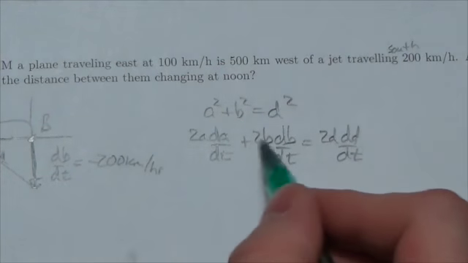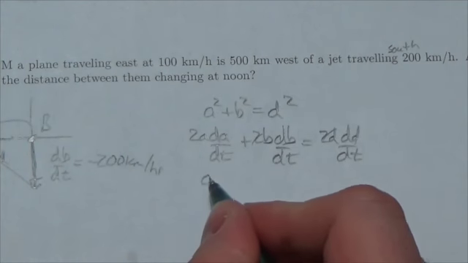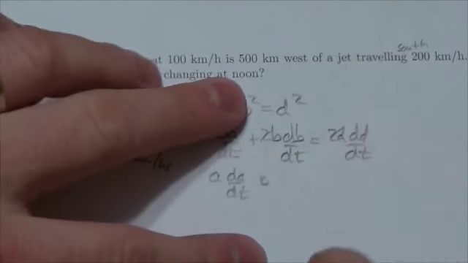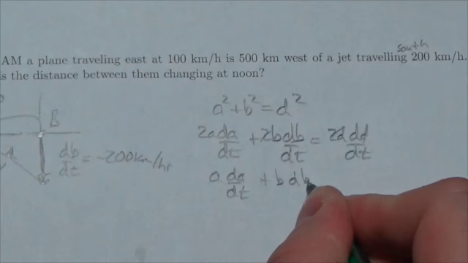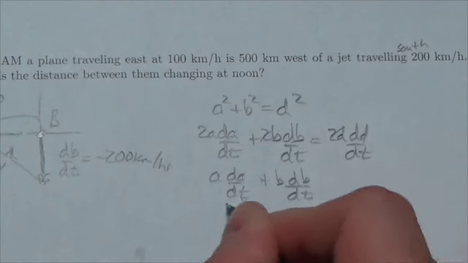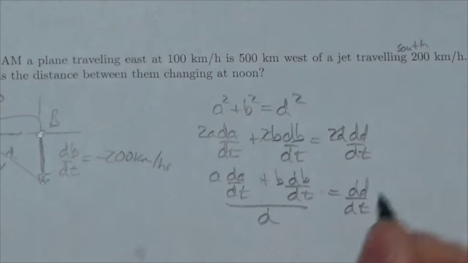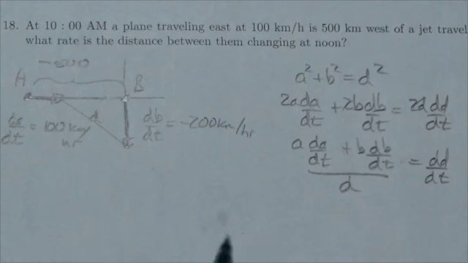The 2's will all cancel. Remember, I'm looking for dd by dt, so this is a dA by dt plus b dB by dt, all over d, equals dd by dt.